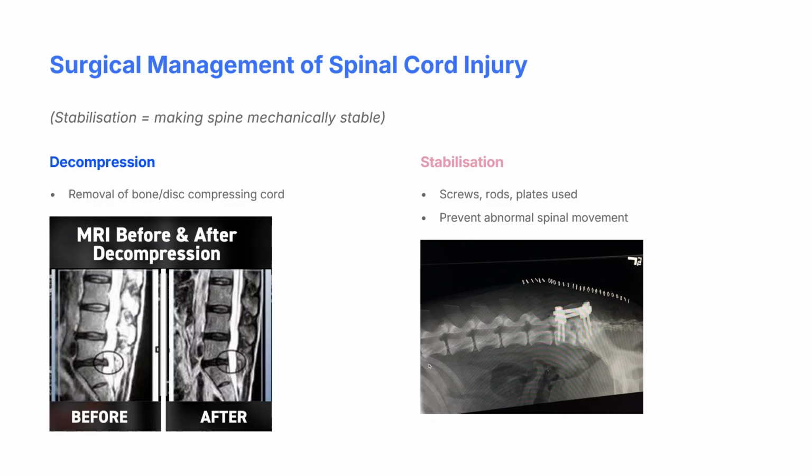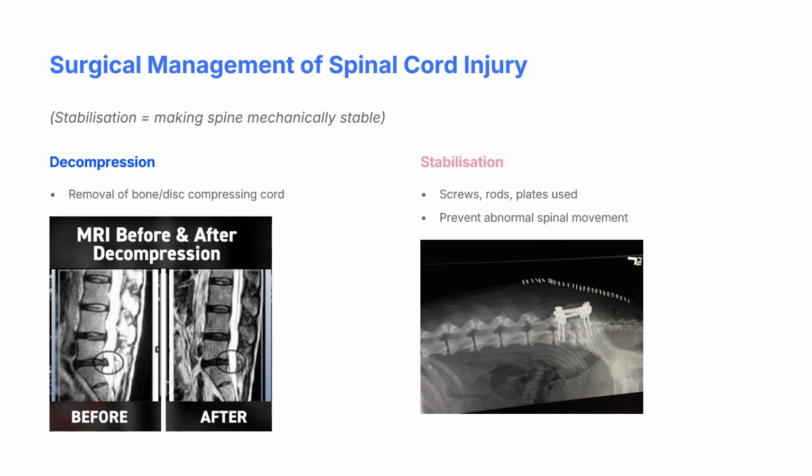They do a decompression, which means removing bone or disc from the compression site, and this is how they decompress the spinal cord. Stabilization is done with screws and rods. As you can see here, screw and rod fixation is happening. Plates can also be used to prevent abnormal movement, so that part will be rigid enough.